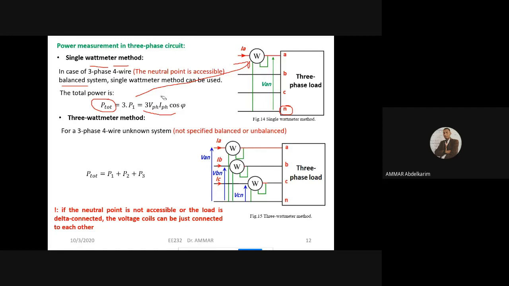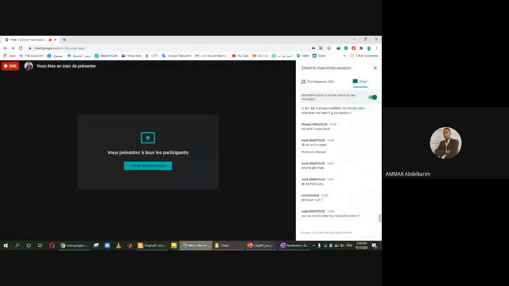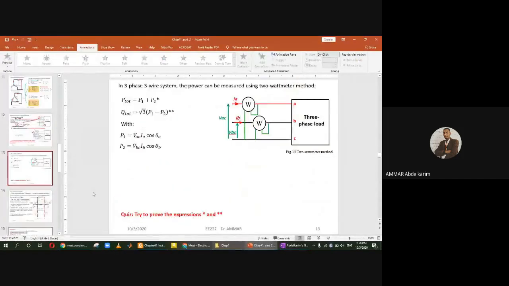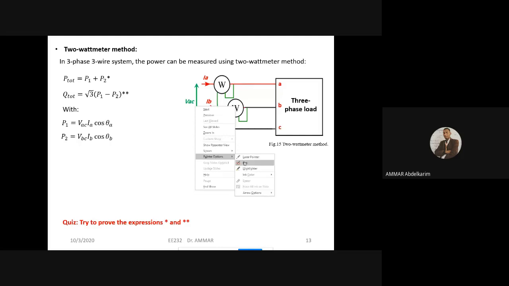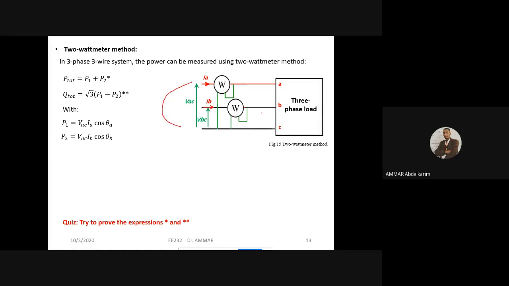The third method is the method of 2 wattmeters. This method can be used when the neutral point is not accessible. So here we measure the power between phase A and phase C, and we can measure the power between phase B and phase C. Here we don't have a neutral.